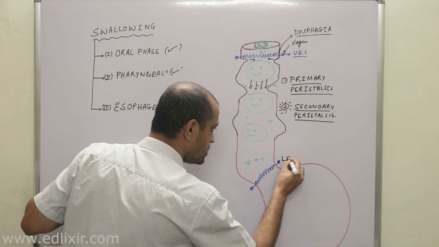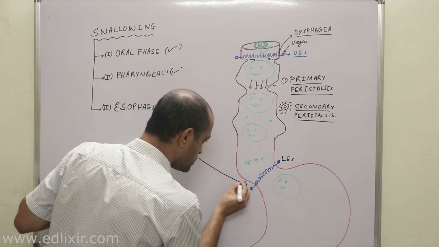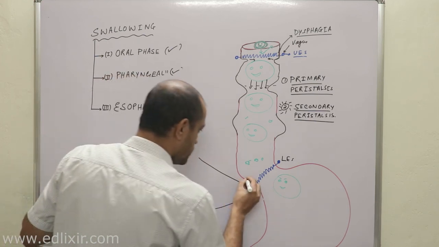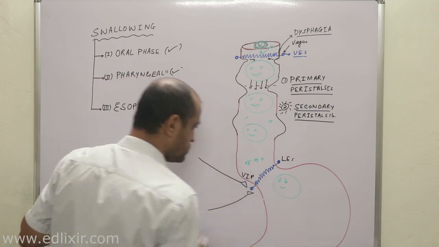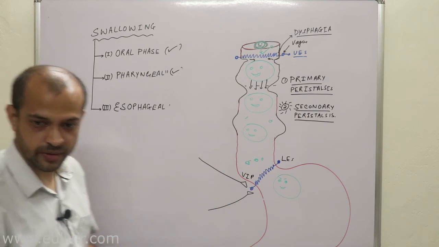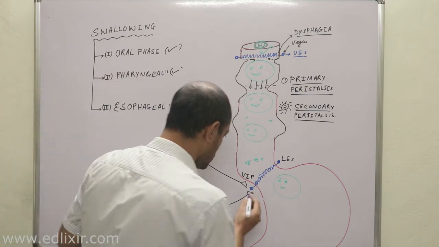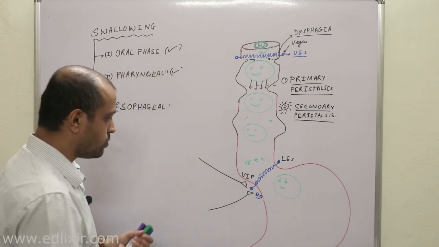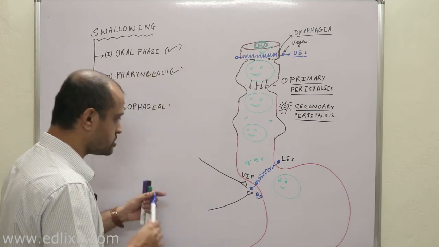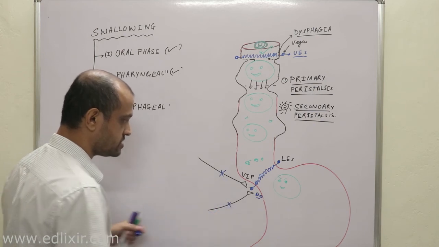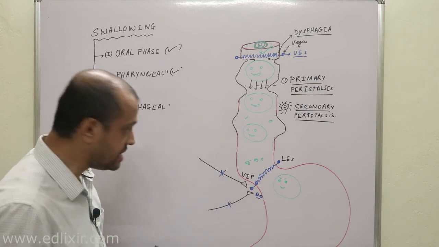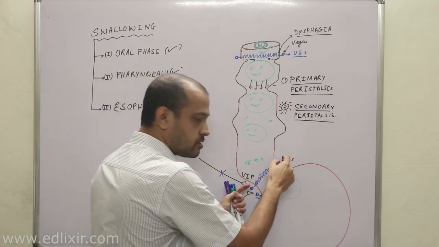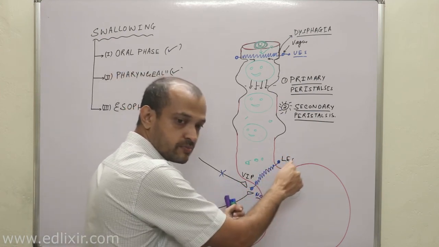Now, what happens in another case is that this lower esophageal sphincter, LES, is under the control of neurons which secrete vasoactive intestinal peptide, okay, which is one of the inhibitory neurotransmitters, and also nitric oxide. Now, due to many reasons, these neurons may stop working in many persons, and due to that, the LES, or lower esophageal sphincter, may not relax properly.